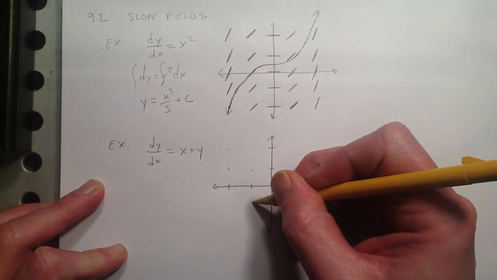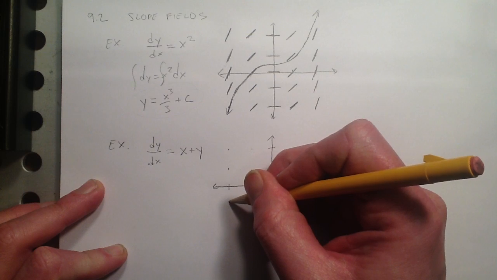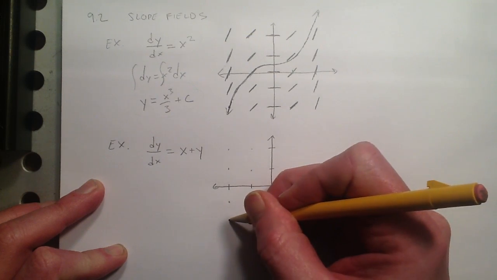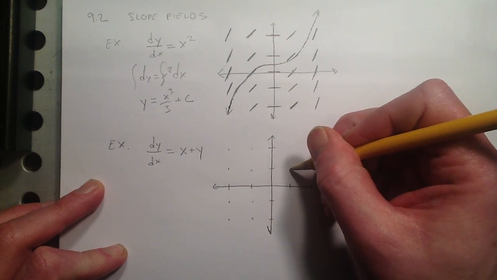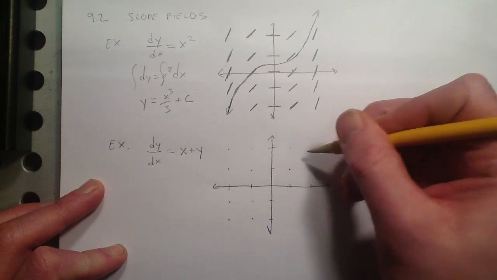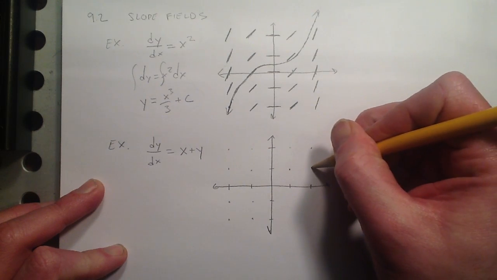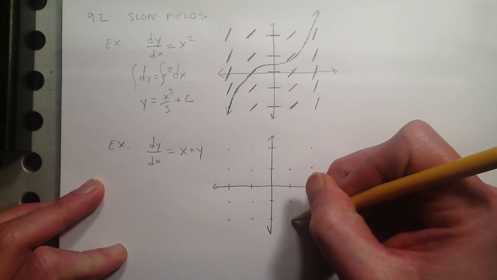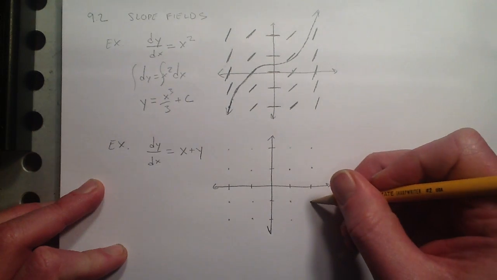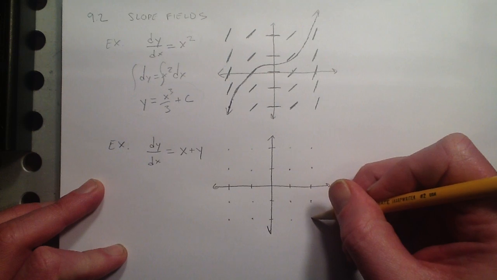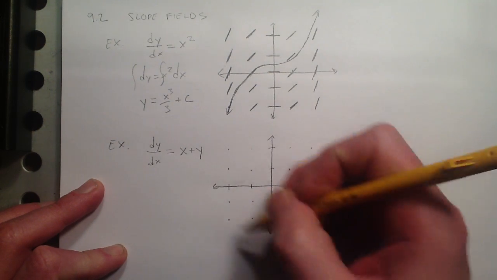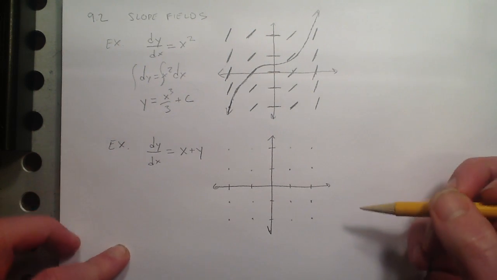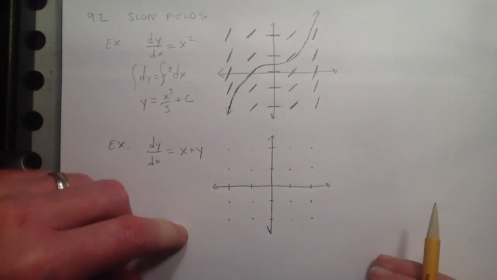If you're asked to do this on a test or quiz or on an AP test, they'll give you the little grid here. You don't have to make this yourself. And you only have to sketch in the points for as big as the grid is. And I don't think I've ever seen one on the AP test that was bigger than this, and that would be a big one. Because it's kind of time consuming, right?